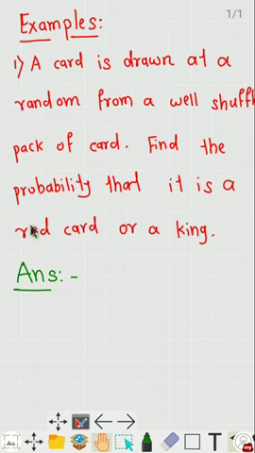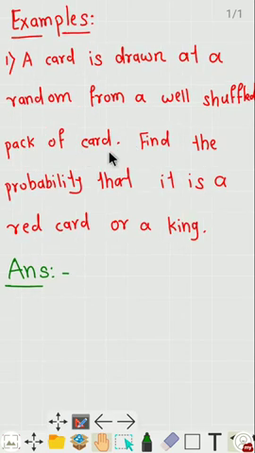So the first problem is based on the addition theorem. The problem is: a card is drawn at random from a well shuffled pack of cards.